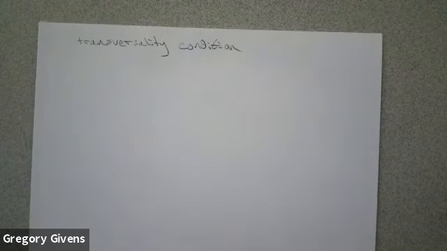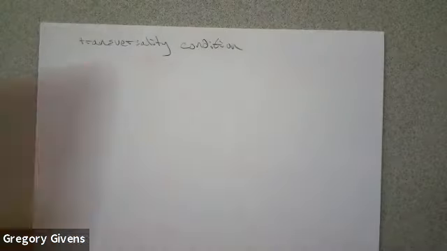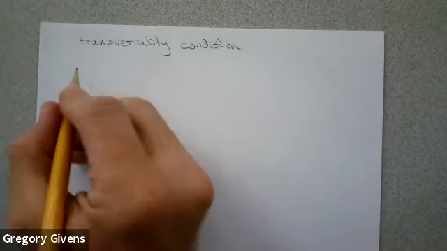and to be able to write down the correct transversality condition for a problem that I might present you. Okay, here's what the transversality condition looks like in the general model that we've talked about.